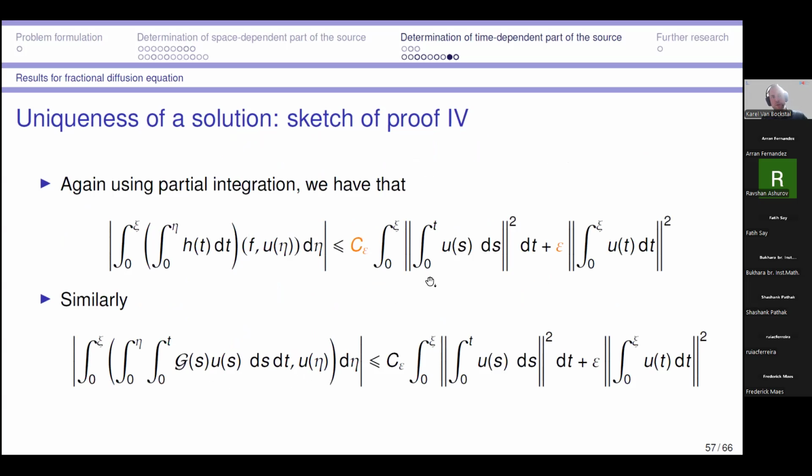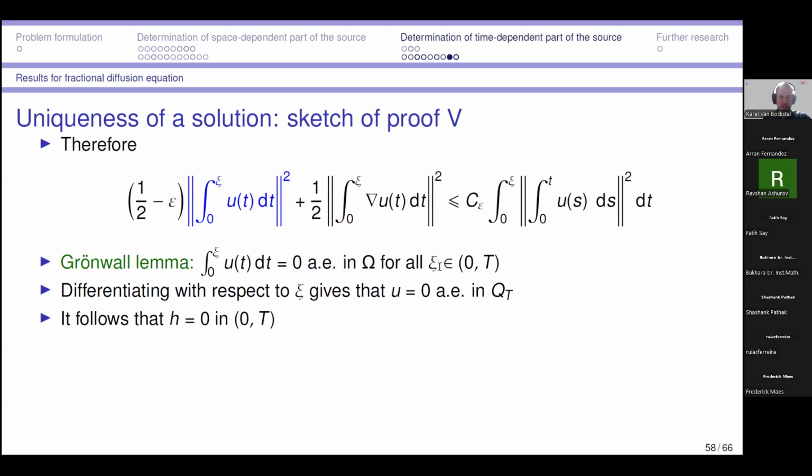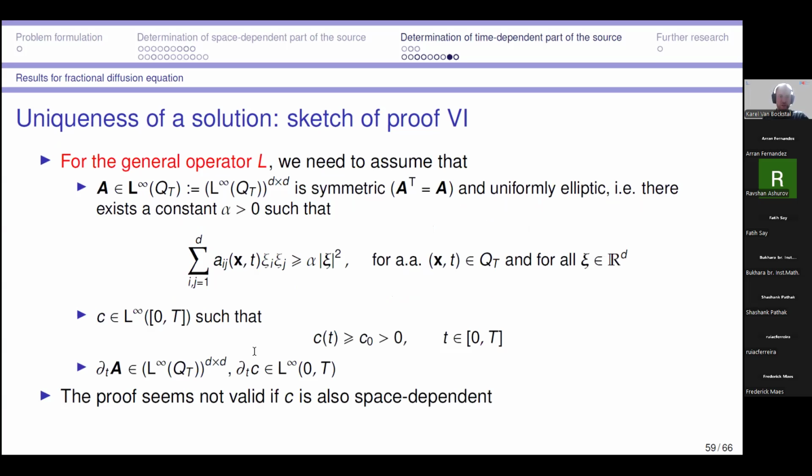We need to put this small epsilon on the term containing f, as I explained, and so there will be a big constant here. If there were no time integral, we would not be able to apply Gronwall's lemma. So this is the reason for the need of this additional time integral. And so by fixing epsilon sufficiently small, we get that this integral is equal to 0, resulting in the uniqueness of the solution.